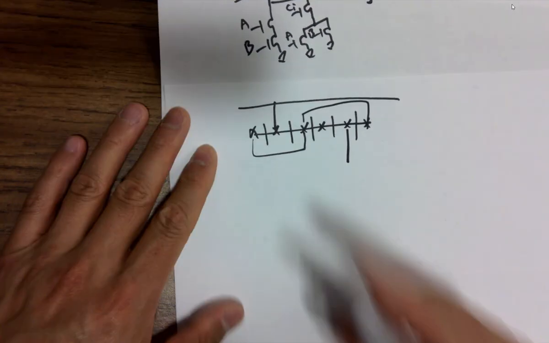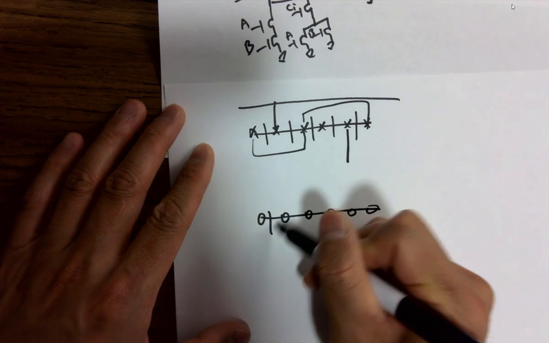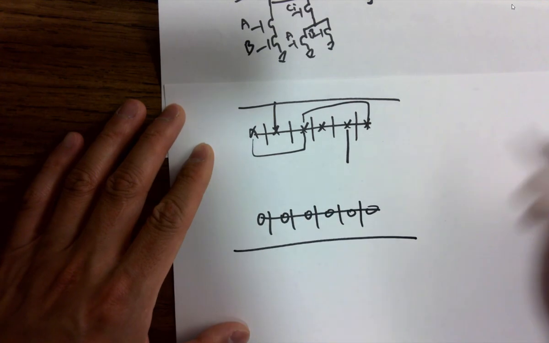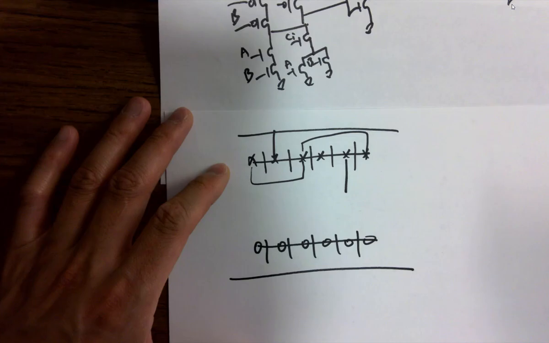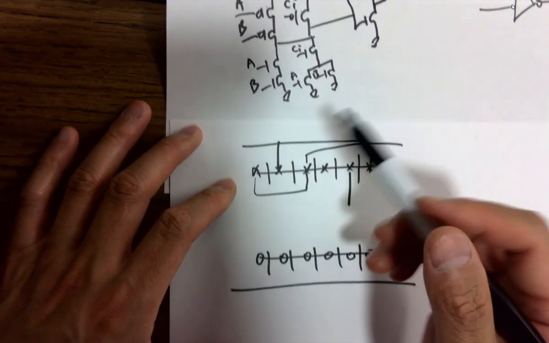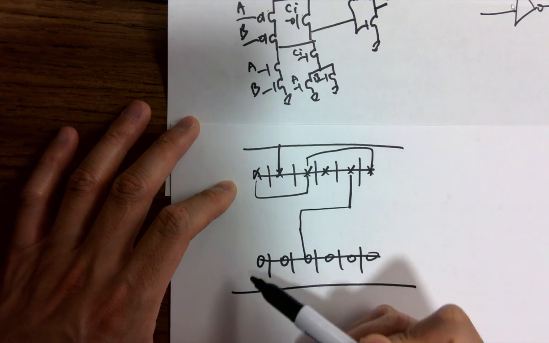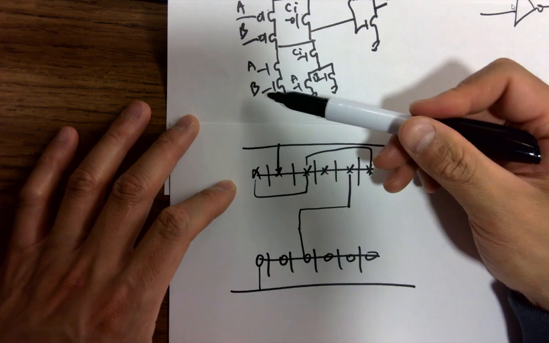And then for the N moles, since we have A and B here, it's better to have A and B directly go to ground for this branch.